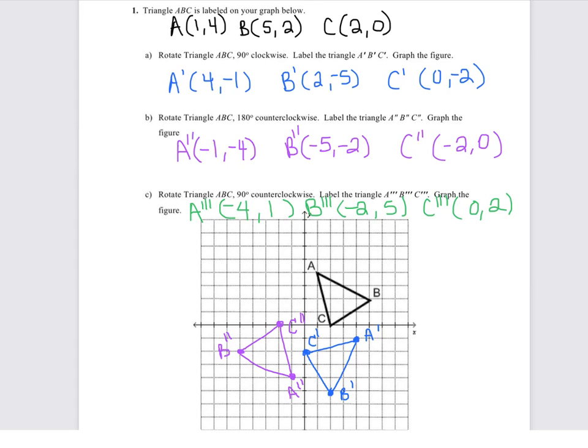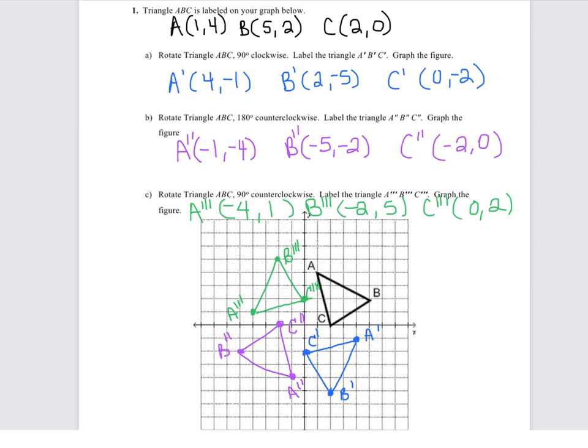So now we're going to graph our figure. As you see here, I graphed my 3 coordinates, and I'm going to create my triangle, and I now have my figure for A triple prime, B triple prime, and C triple prime.